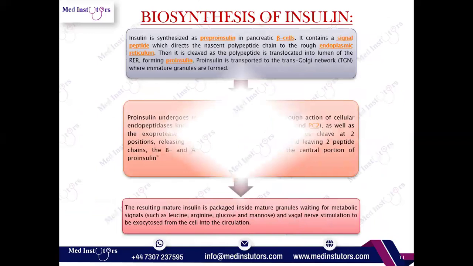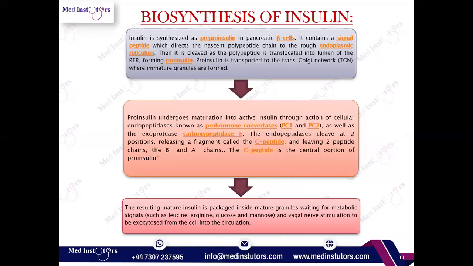Just going through the biosynthesis of insulin in detail, insulin is not produced as such. It is produced initially by the beta cells as pre-proinsulin, and it contains a signal peptide which directs the nascent polypeptide chain to the rough endoplasmic reticulum inside the cell. In the rough endoplasmic reticulum, the pre-proinsulin is cleaved as the polypeptide is translocated through the lumen, and becomes proinsulin.